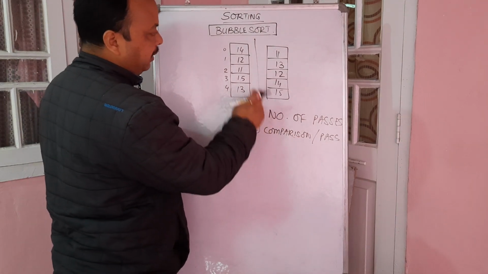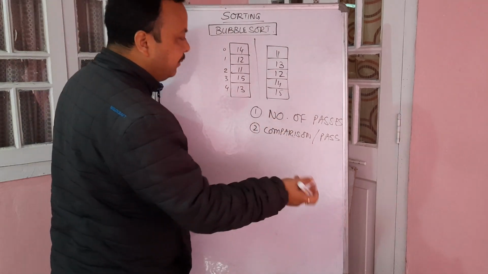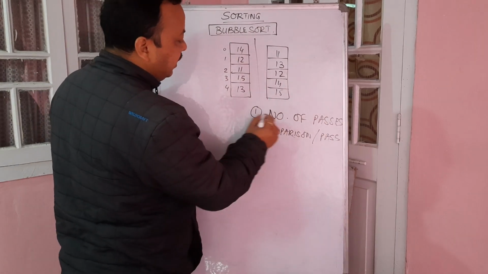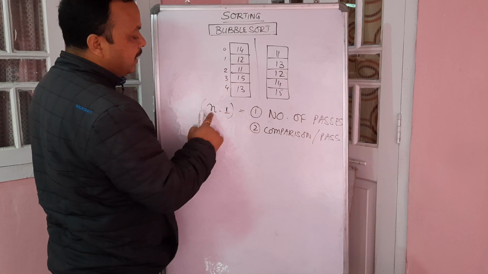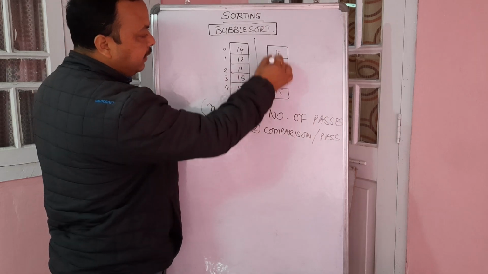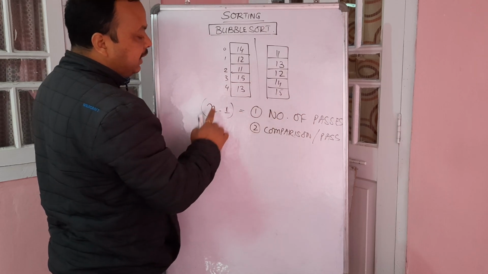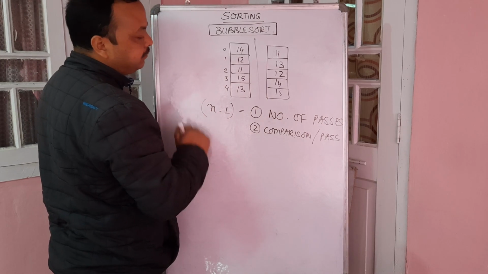If we talk about the number of passes, same as selection sort, the number of passes is n, the number of elements, minus 1. So if you have 5 here, you need 4 passes. If you have 10 here, you need 9 passes.